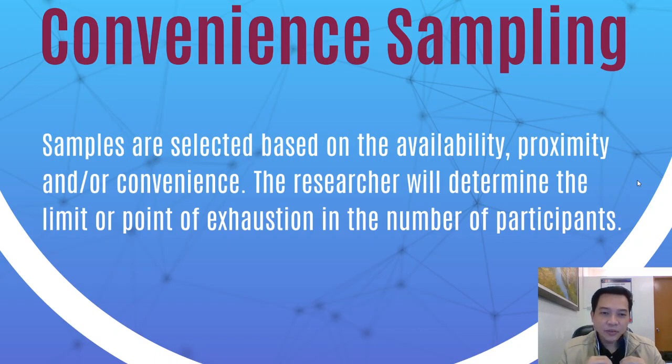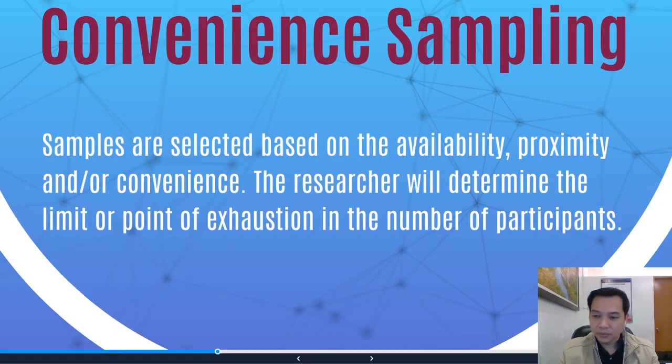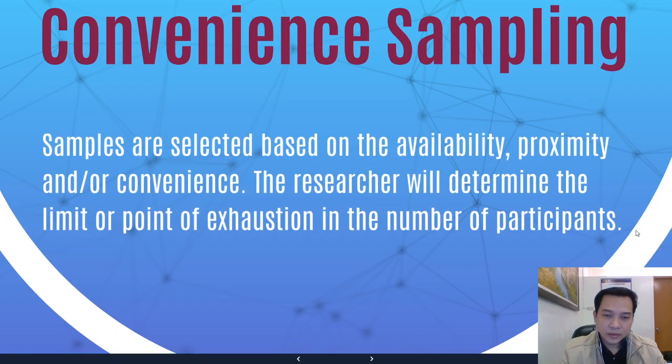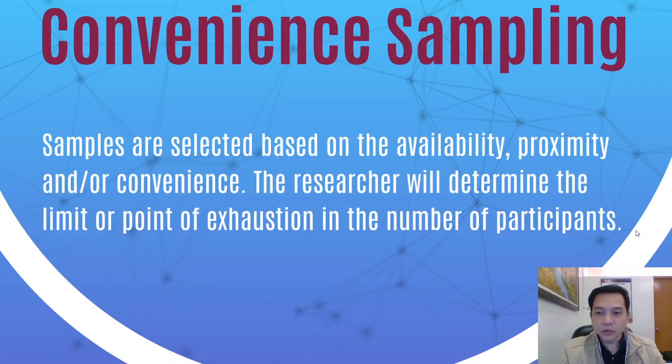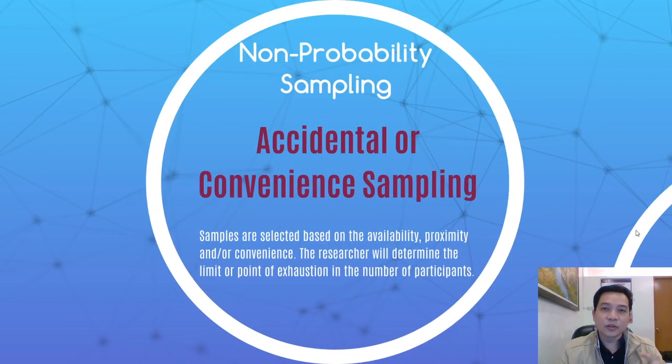Again, if your purpose is to select whichever is available, accessible to you, or simply convenient in your situation as participants of the study, you are using what we call accidental or convenience sampling.